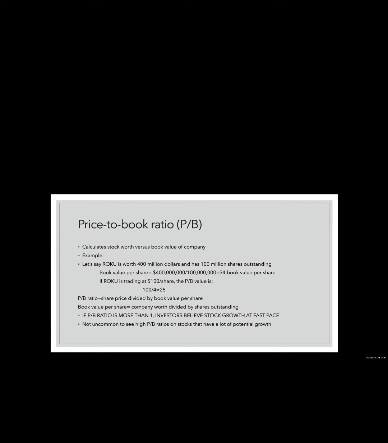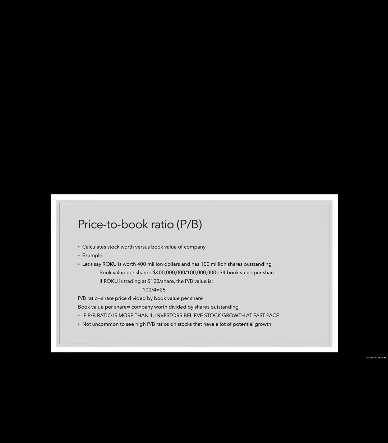If the PB ratio, so that 25, is more than 1, investors believe the stock will grow at a fast pace. You'll see this is very common in stocks like Roku, Beyond Meat, probably, whatever company has a lot of potential growth at a fast pace, then you're going to see a price to book ratio higher than 1.